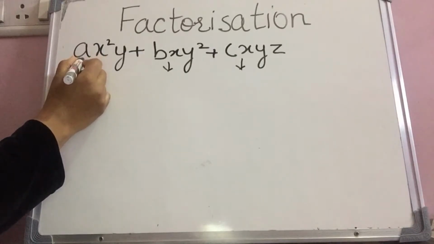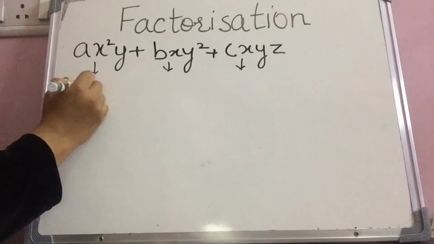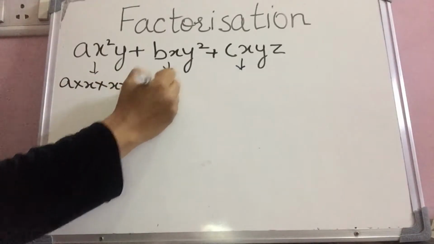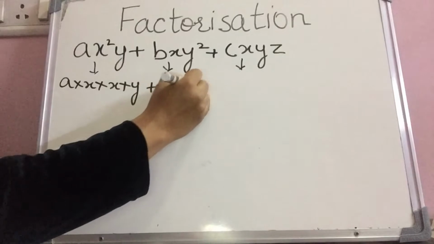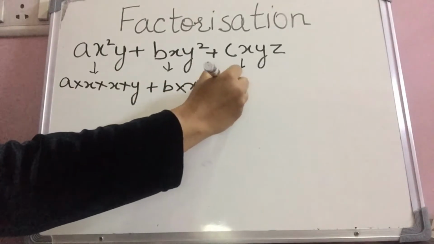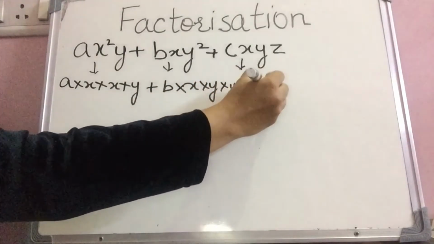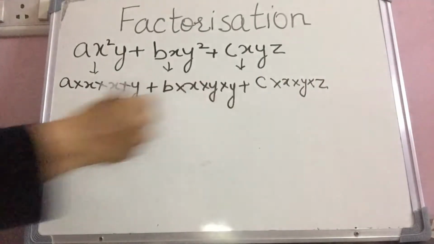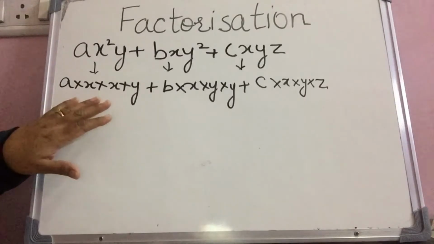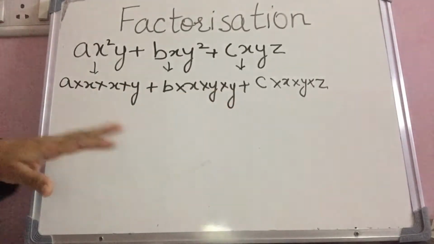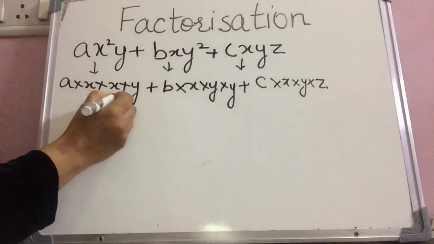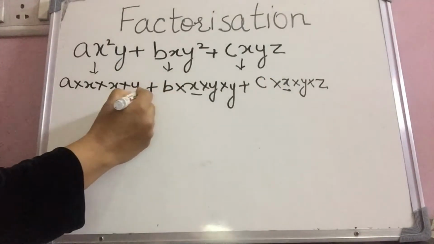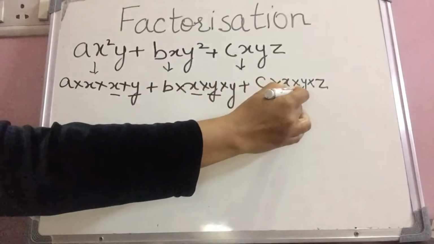What will be the factors of ax square y? It will be a into x into y, plus the factors of the next term will be b into x into y, plus c into x into y into z. From these three terms, we'll take the common term. x is common and one y is common.